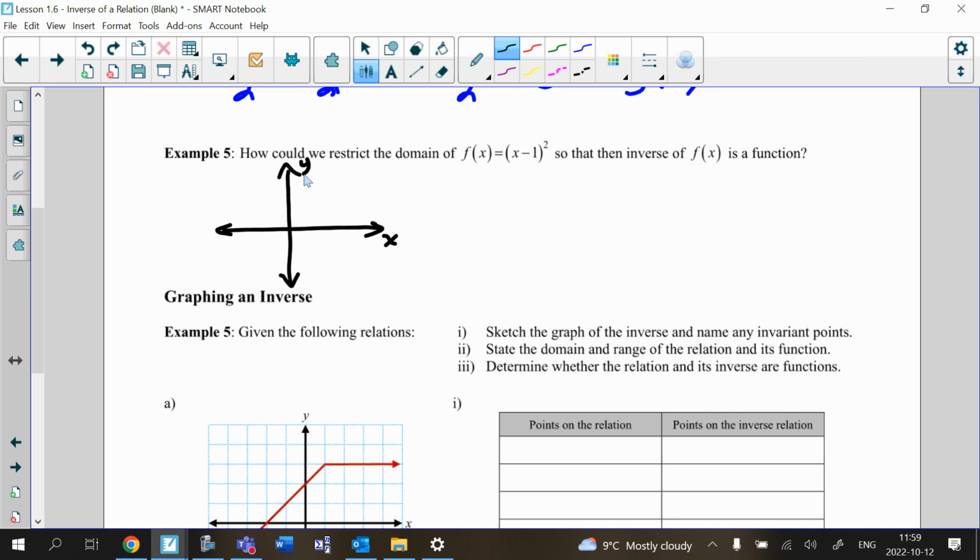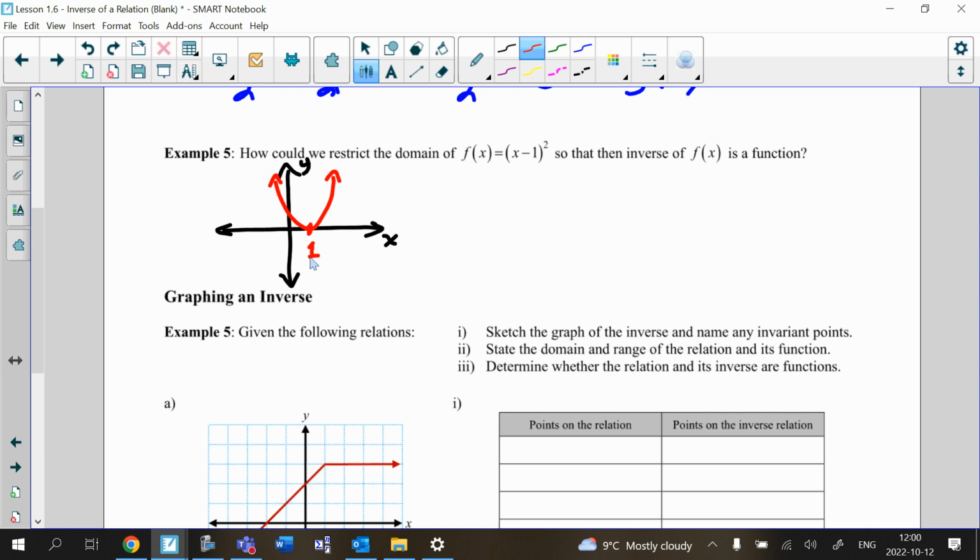How would I restrict it? Cut away half of it. You decide which half you want to cut away. Right now, if I find the inverse of any parabola, it's never a function. Same with the V shape that we did. So I have to restrict the domain.